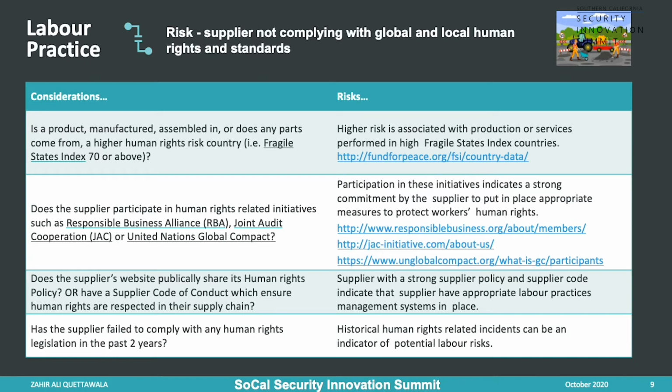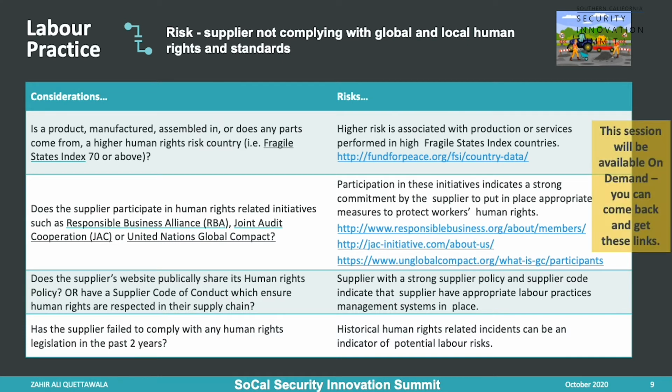So what are the other checks we can consider? Does the supplier participate in human rights related initiatives such as the Responsible Business Alliance, Joint Audit Cooperation, and the UN Global Compact? I've given the links for all of these, which give you good knowledge and information on how participation in these forums or organizations helps protect the human rights of workers.